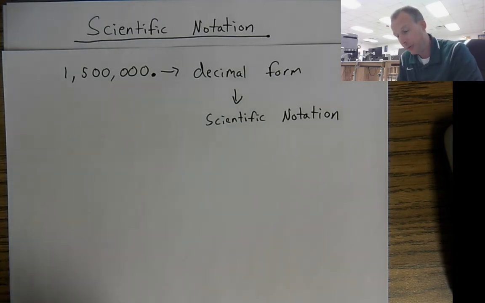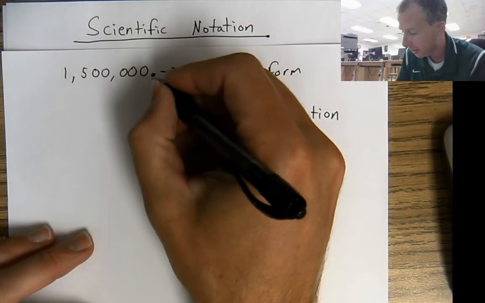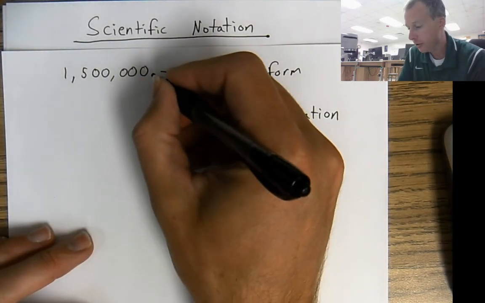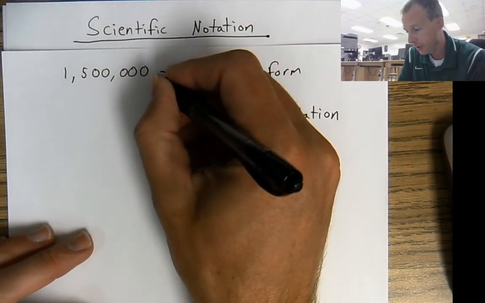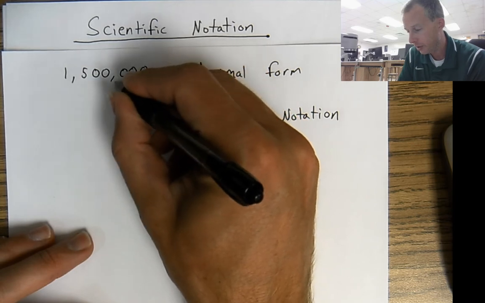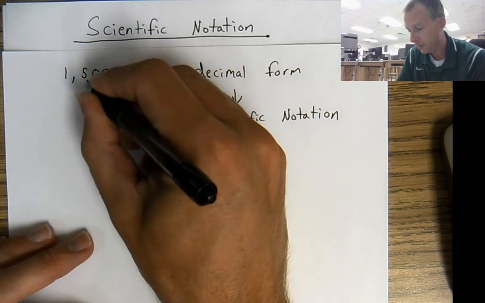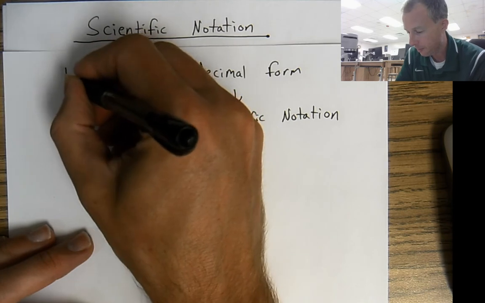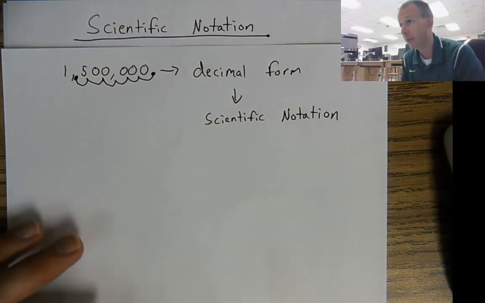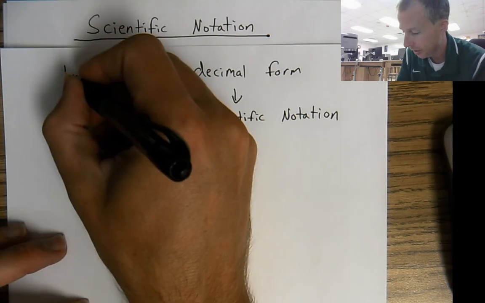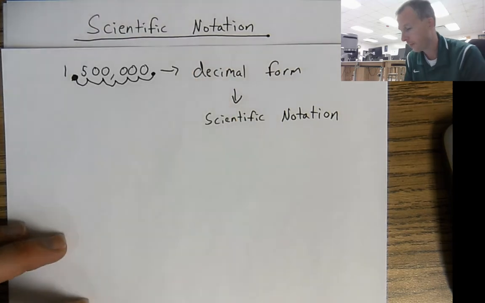What that means is you are going to find the decimal point and move it until it is between the first two digits. In this case, it'll go right here.